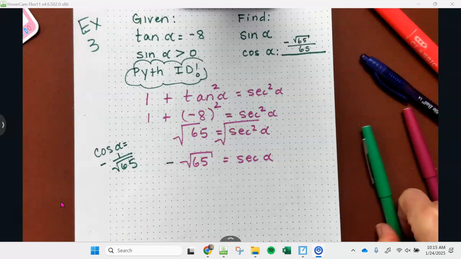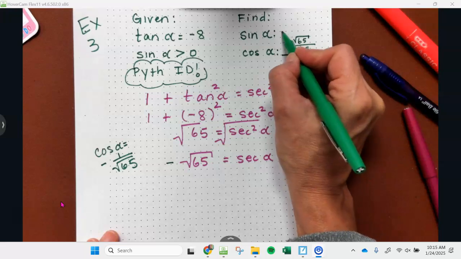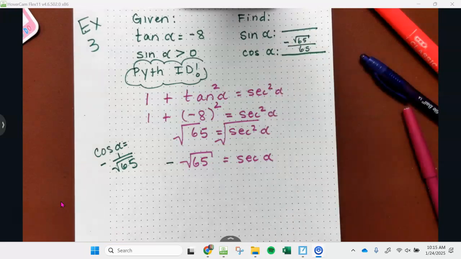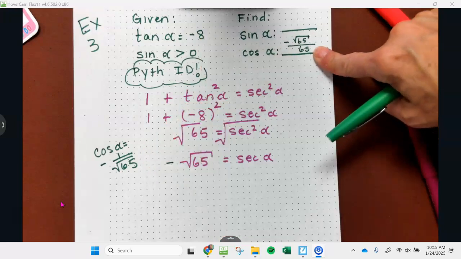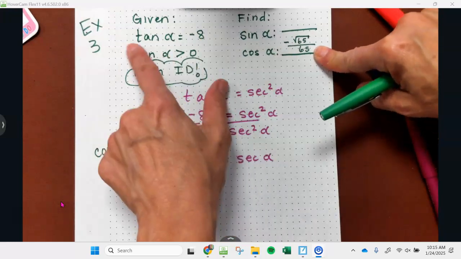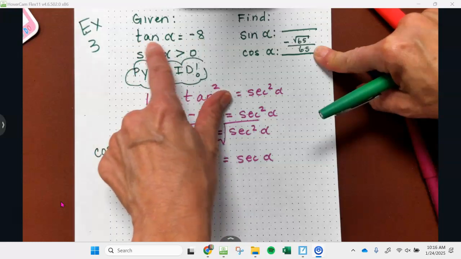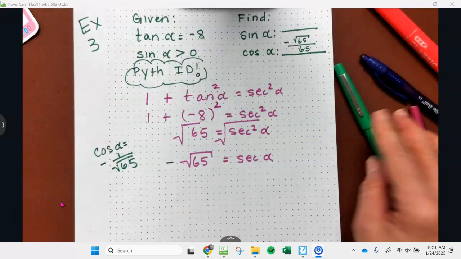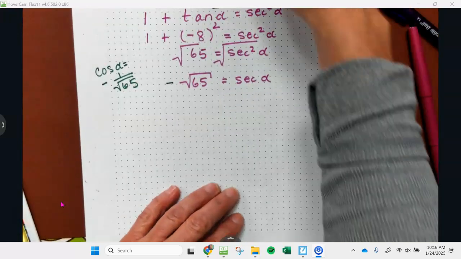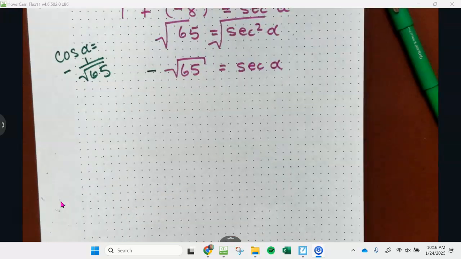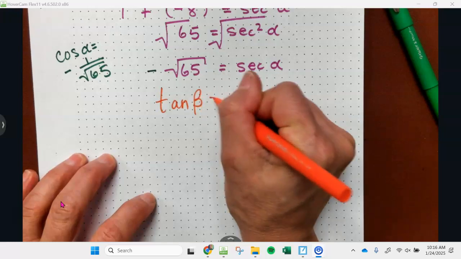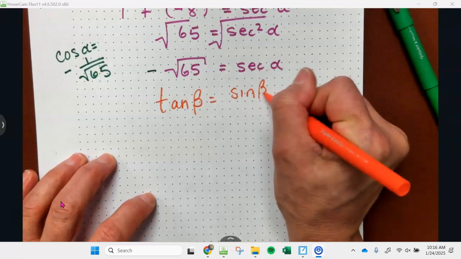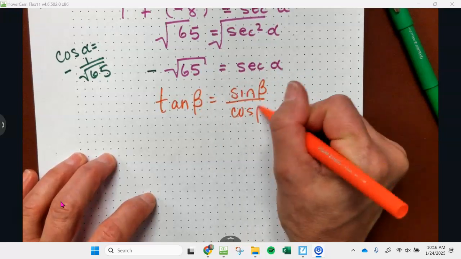All right, one more thing we got to find. The next thing we have to find is sine alpha. You're given 2 unknowns, so I don't have to use the trig identity. I'm going to use the quotient property for tangent. And remember, the quotient property for tangent is going to be sine divided by cosine.